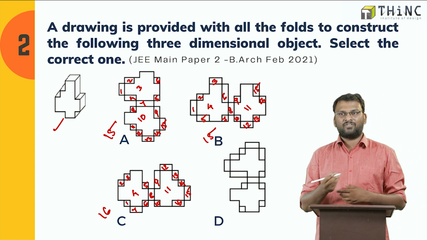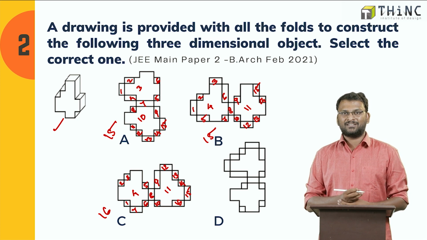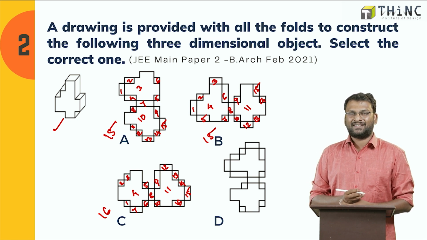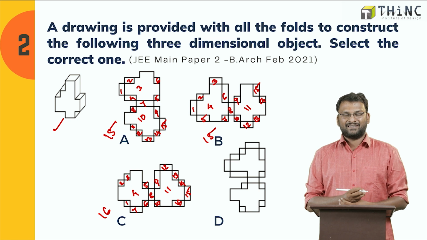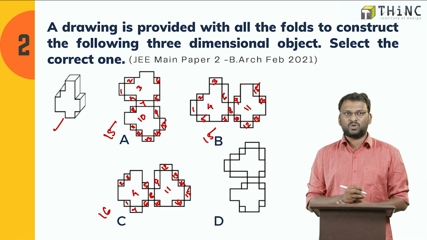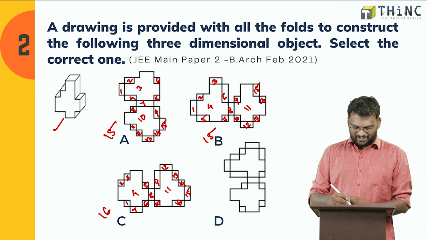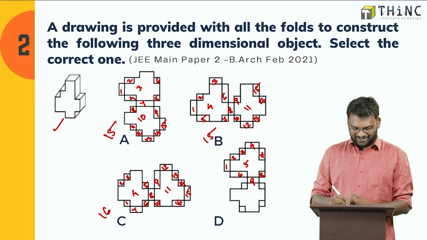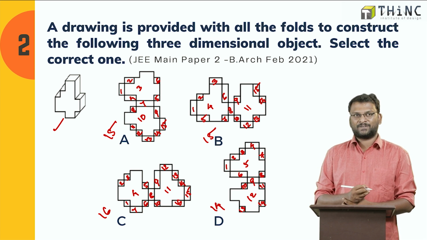If you are able to find some sort of difference in numbers, then the counting technique can be applied on that question. That means the number of closed figures is equal to the number of surfaces. Here the last option: 1, 2, 3, 4, 5, 6, 7, 8, 9, 10, 11, 12, 13 and 14. So option D is having 14 surfaces.